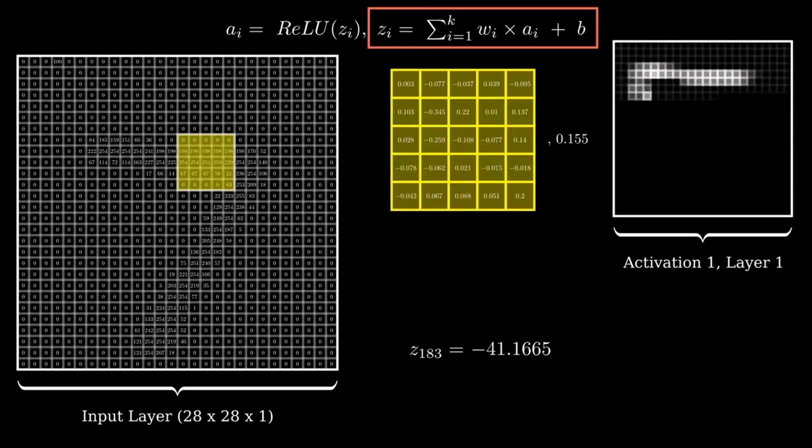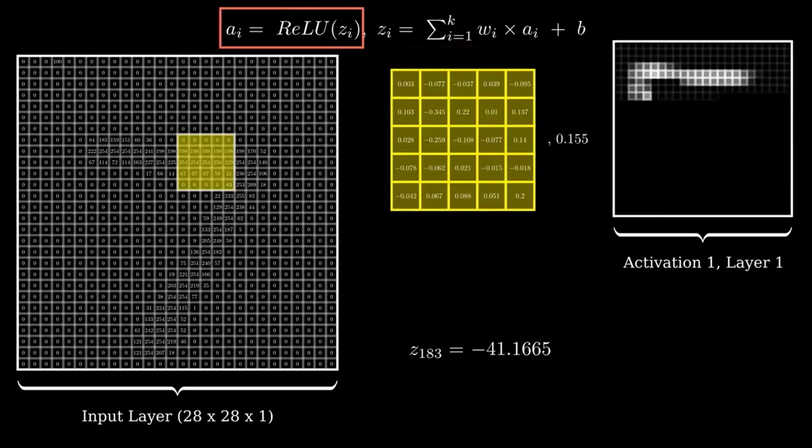Notice that this is Z183 as it is the 183rd iteration, which basically means that we have slid the kernel 182 times before this. In order to get the activation value, we pass Z183 to the ReLU function.